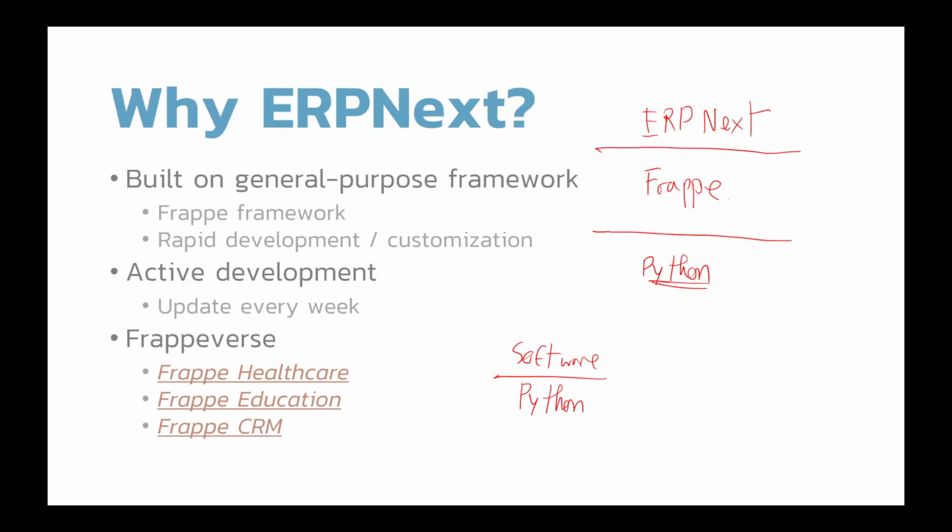But that's when your software is not too complicated. If your software is very complicated, it's actually better to write software that powers another software. So Frappe is software written in Python, and it's not the software itself, it's the software that you use to write another software.